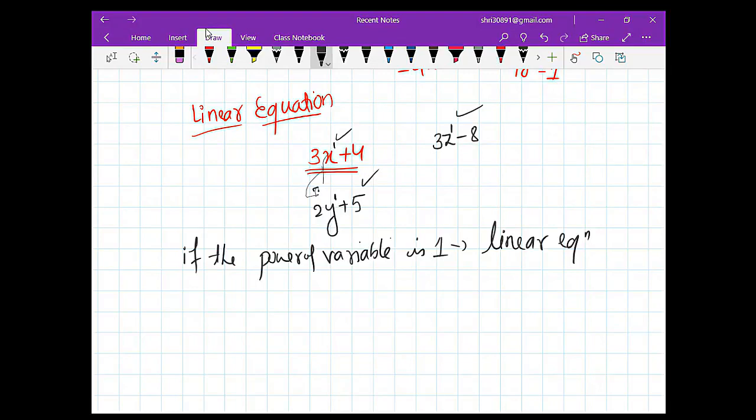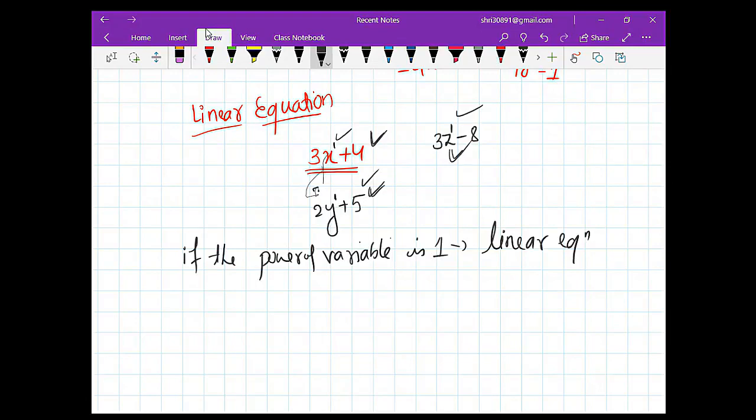To say linear equation, it should have the power of the variable only 1. And these are one variable linear equations because here only the variable x is there, here only the variable y is there, and here only the variable z is there.